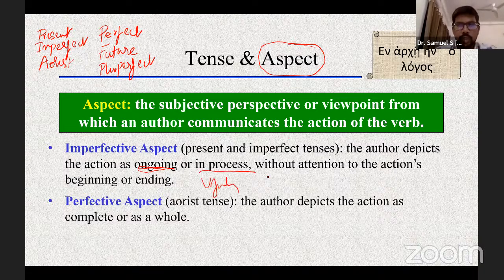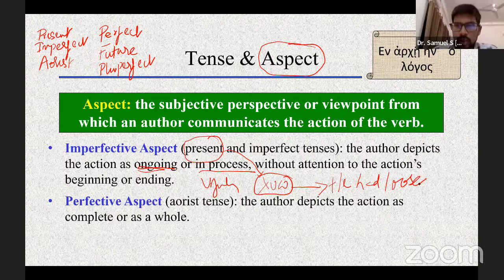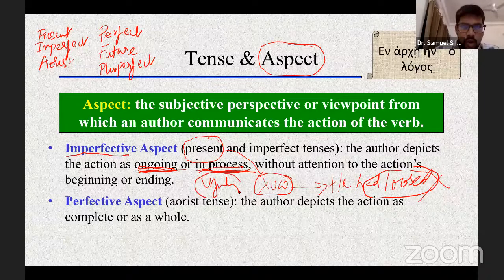For example, if we see Luo, right now you don't know that this is present, but let's say I tell you Luo is present, and you translate this as he had loosed. This would be wrong. Why? Because this is not communicating the action as ongoing, in process, unfolding. With imperfective aspect, you have to find a way to translate it as ongoing or in process or unfolding. Same thing with imperfect.